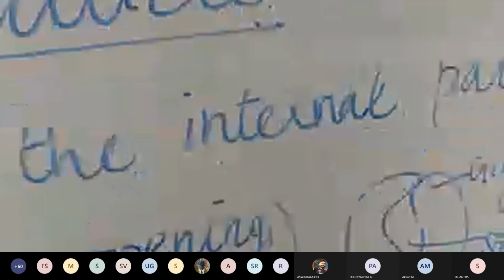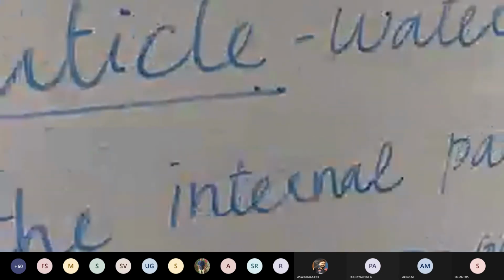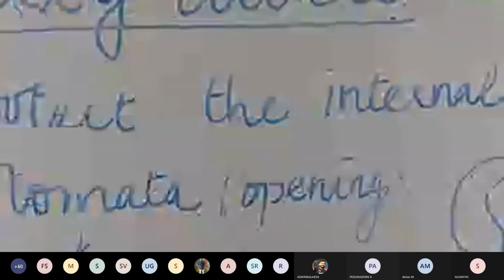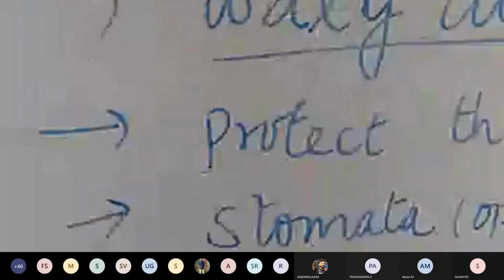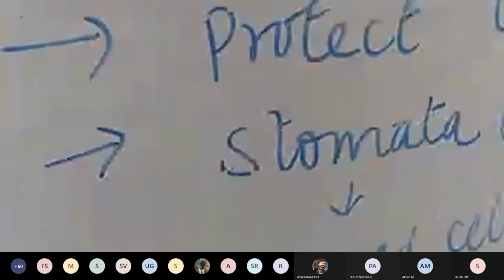It is made up of dead cells. It is present in the bark or woody trunk portion of the plant, or in some seed coats. It is otherwise called the secondary meristem, and it is made up of suberin.